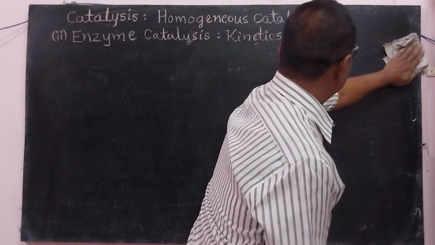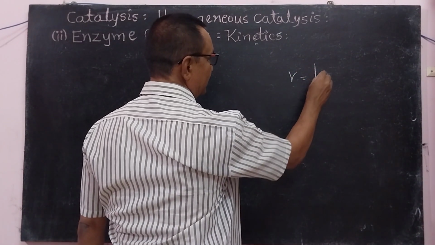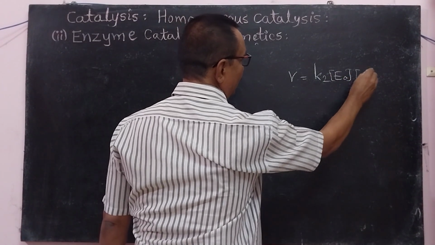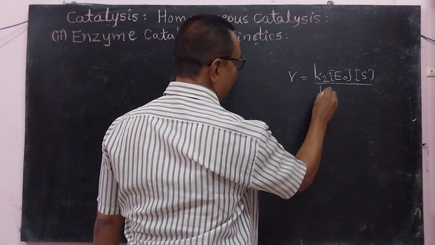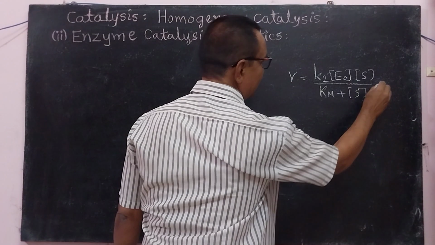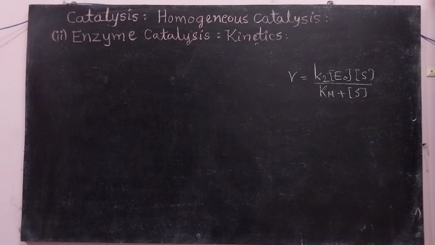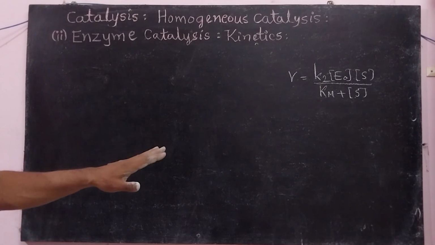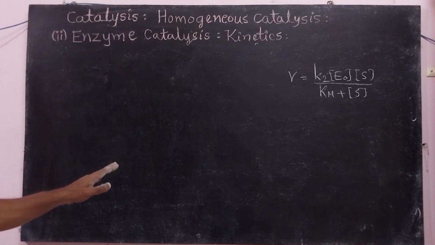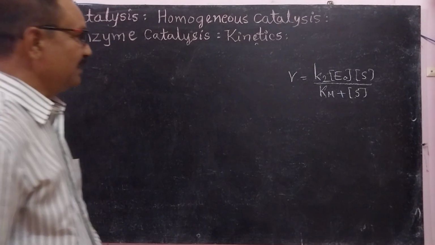Rate R equal to K2 into E0 into S divided by Km plus concentration of S. This is the Michaelis-Menten equation. Now we want to verify whether this particular reaction follows this rule or not. If it follows, we get a straight line, and from that we can calculate all the other constants.